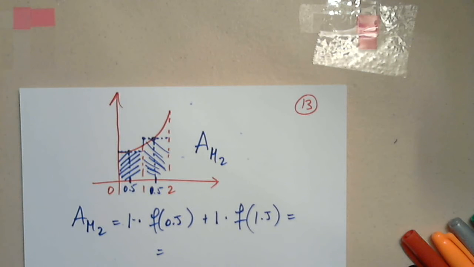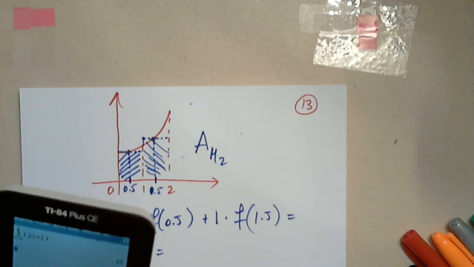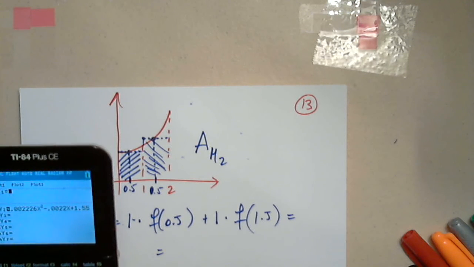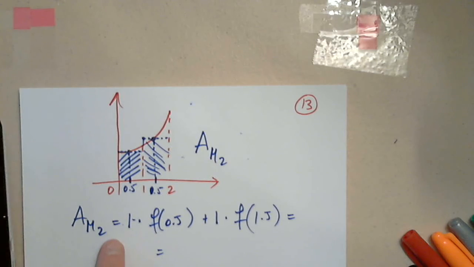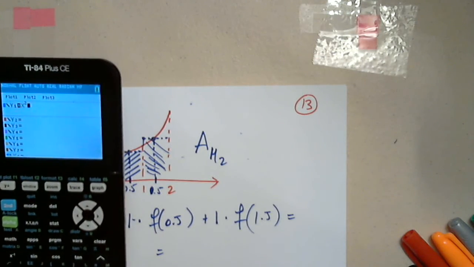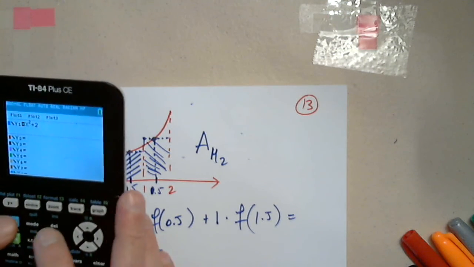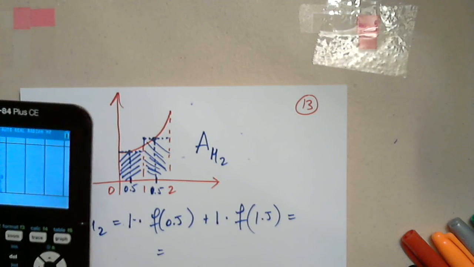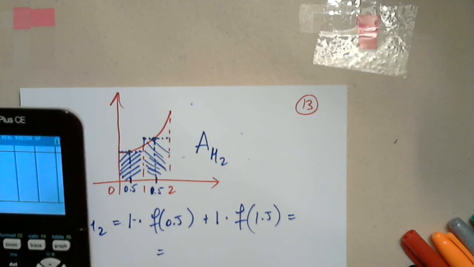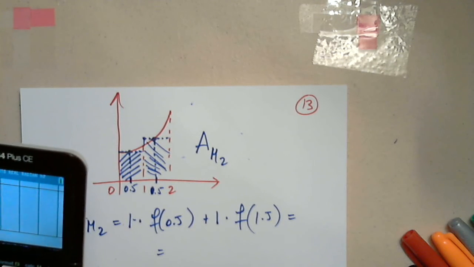I will put it in my calculator. In y equals, clear everything, and put in x squared plus 2. Then second and table, I'm going to plug in 0.5 and 1.5, add them up, and I get 6.5.